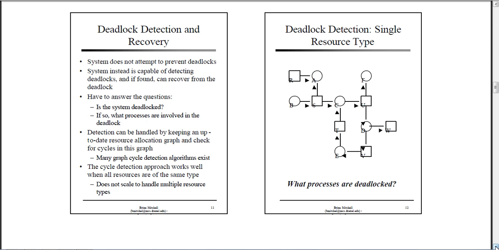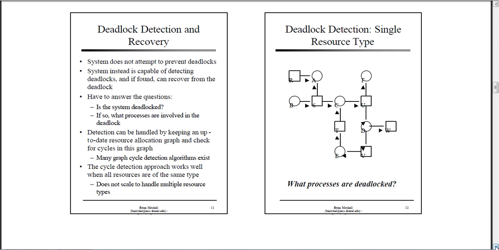Deadlock detection and recovery. The system does not attempt to prevent deadlocks. The system instead is capable of detecting deadlocks and, if found, can recover from the deadlock. We have to answer the questions: is the system deadlocked? If so, what processes are involved in the deadlock?